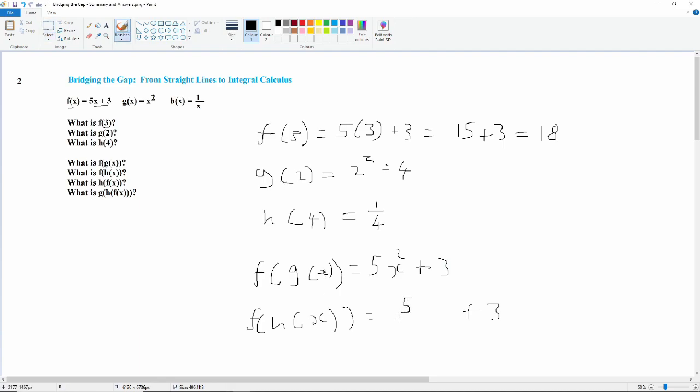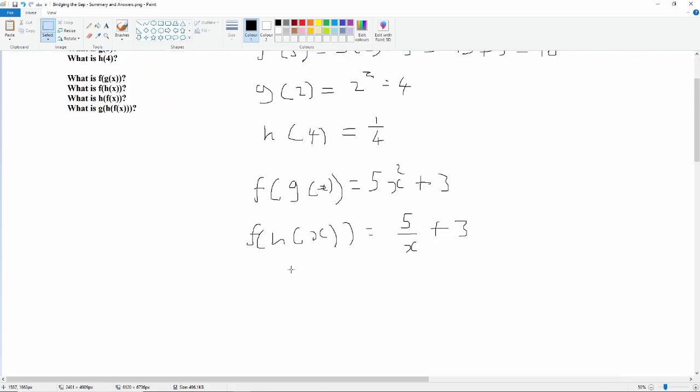So that's 5 over x. And that's a terrible x. And then that's plus 3. Okay, so that's f of h of x.